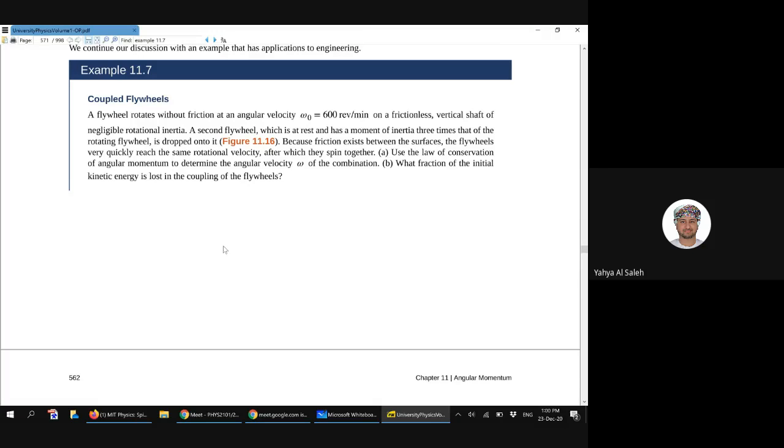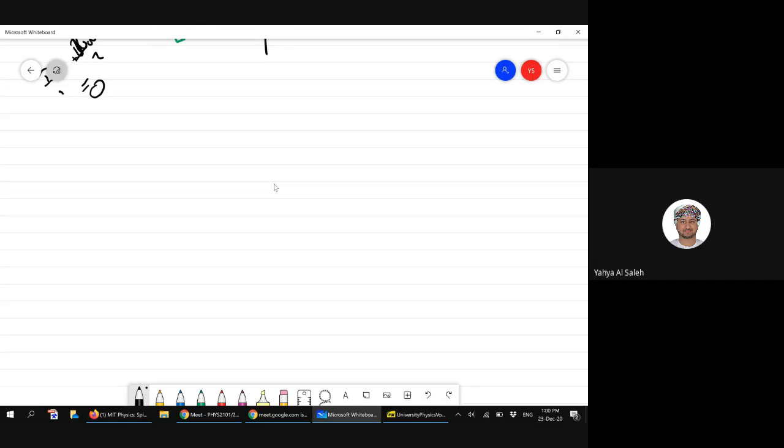If the R changes, then the I changes and the omega changes as well. So the conserved quantity is not I, and it is not omega. The conserved quantity is L equals I omega. So if I goes up, omega will come down. If I goes down, omega will go up.